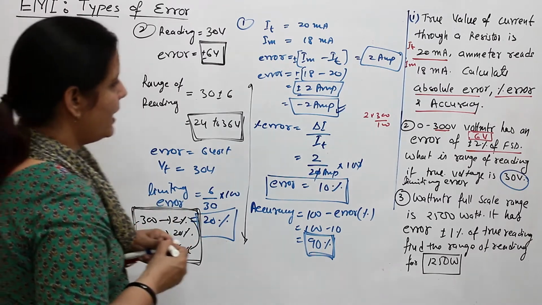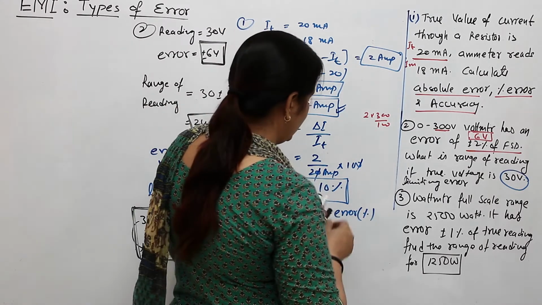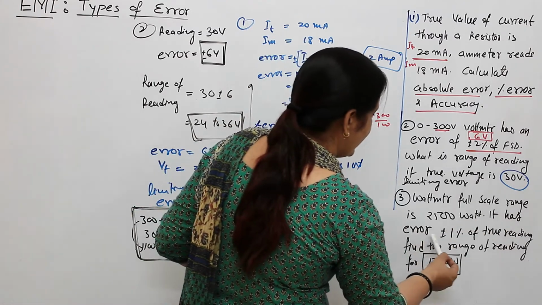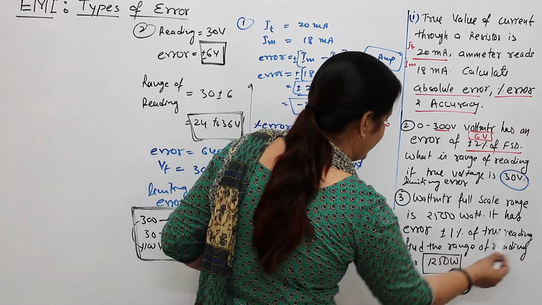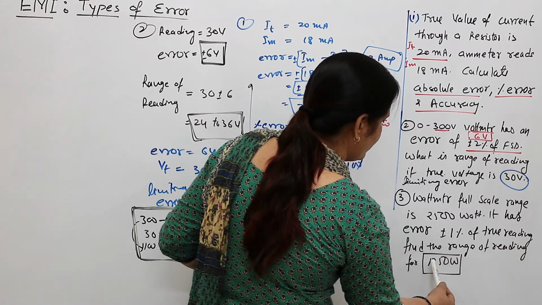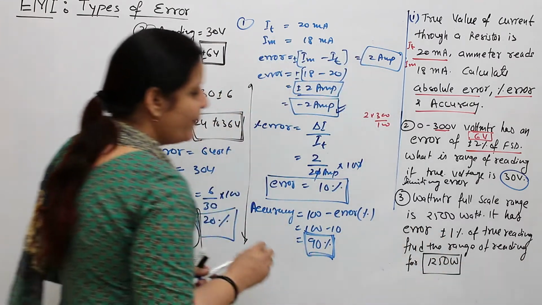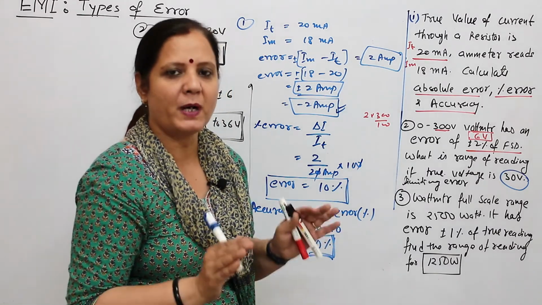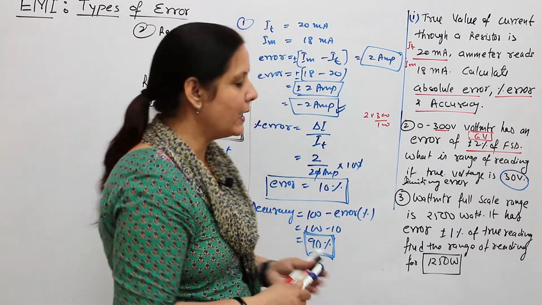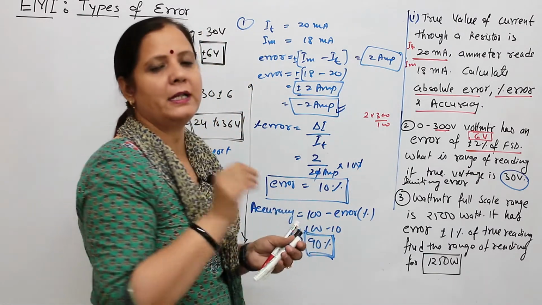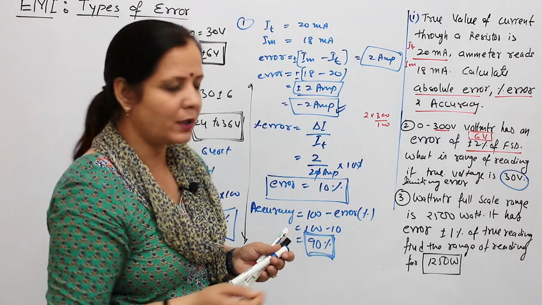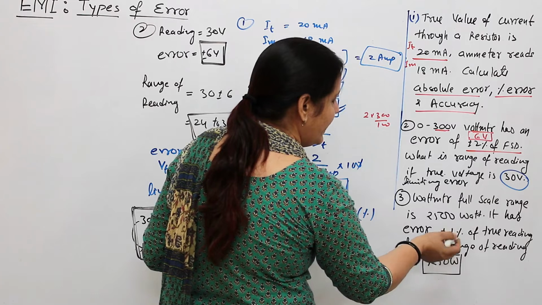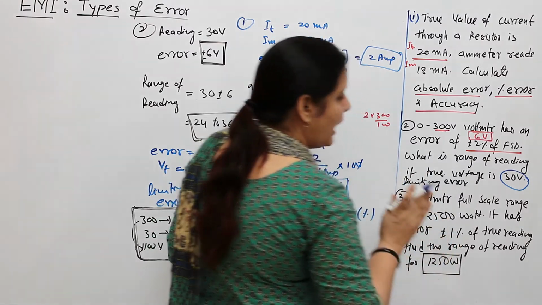Then comes the third numerical problem. A wattmeter full scale range is 2500 watt. It has error plus minus 1% of true reading. Find the range of reading for 1250 watt. Here the full scale range is mentioned without any purpose for solving the numerical. This statement is deliberately included to confuse the students, so that they calculate the error with respect to full scale reading and select a wrong answer.